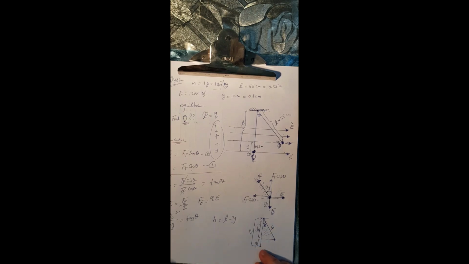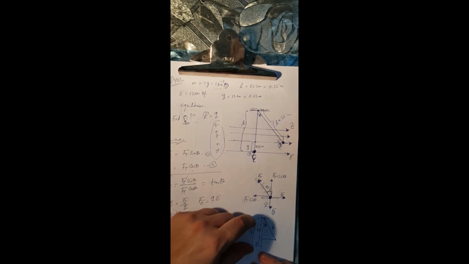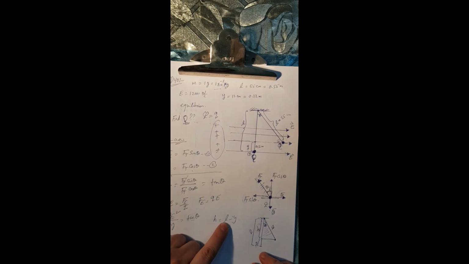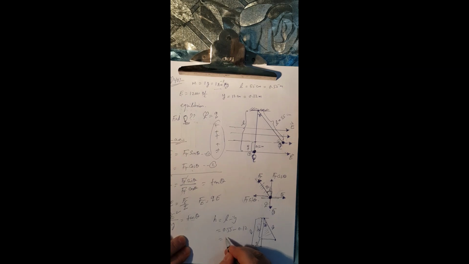And what is L minus Y? L and Y are known. L is 0.5, Y is 0.12. So we find that H is 0.43 meter. This is H. So now you know H and L, you can find theta using cosine theta.